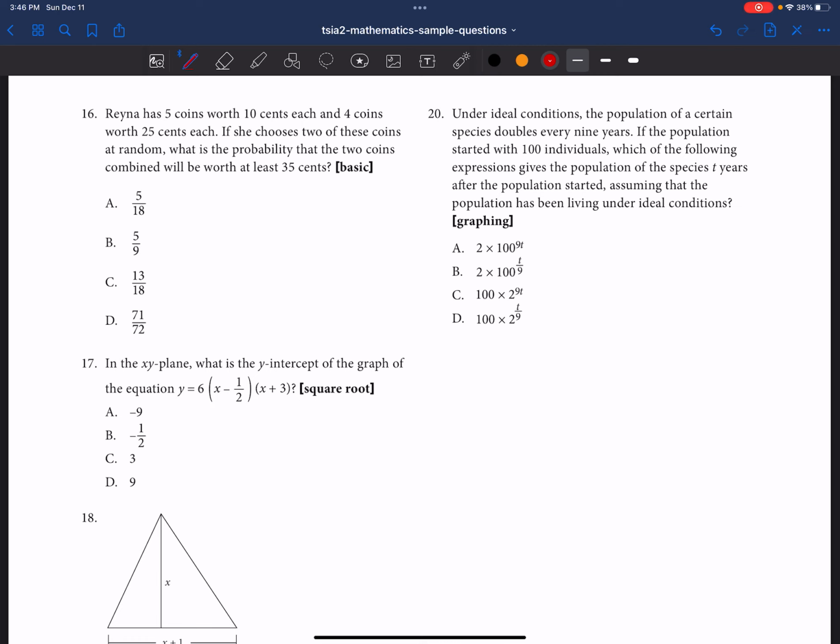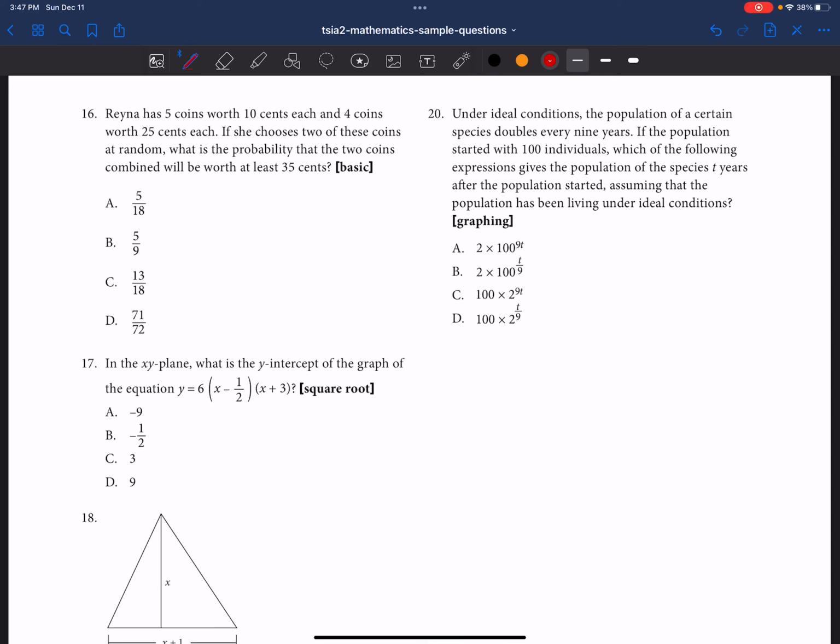By the way, how do I explain this? If you're not from America, you may not understand that a dime is 10 cents and that a quarter is 25 cents.